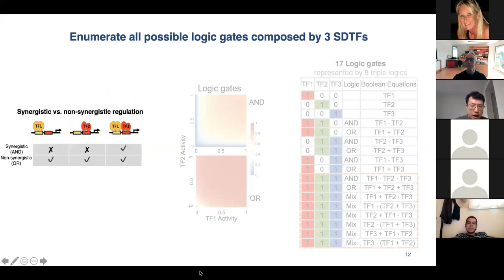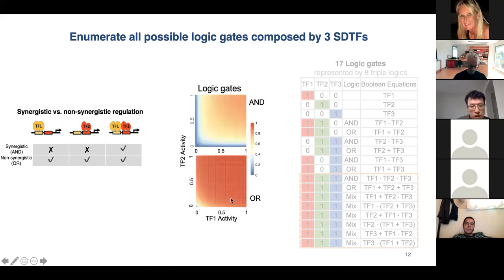So at the beginning, we focus on the synergistic and non-synergistic regulation, which is a very simple case. We used the AND gate or synergistic term to describe that only two TFs together can activate this gene expression. And the non-synergistic or OR gate means that any of the transcription factors can activate this gene expression.